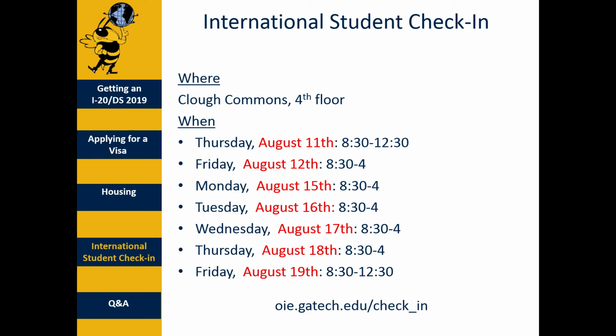So graduate students have a chance of getting a Social Security number close to the beginning of their first semester. Undergraduate students, it's less likely, though if you do find an on-campus job, that is a possibility.